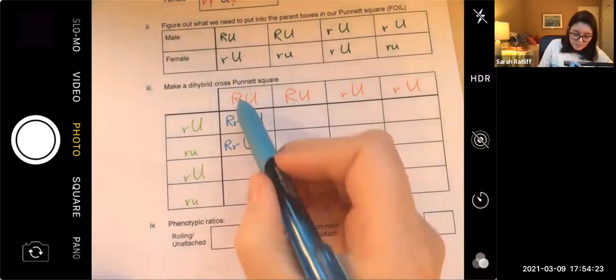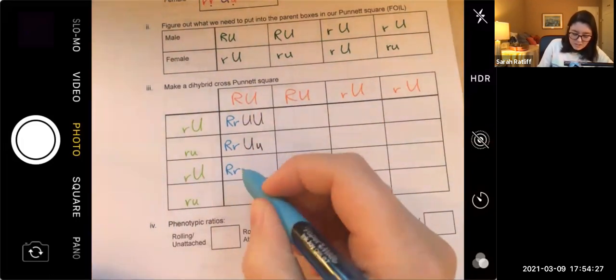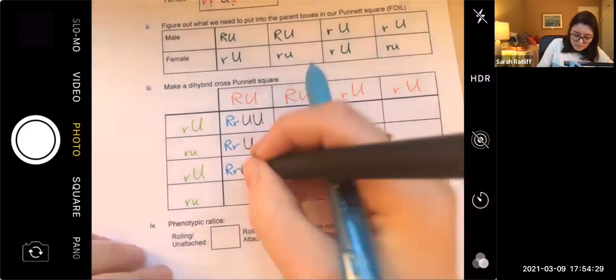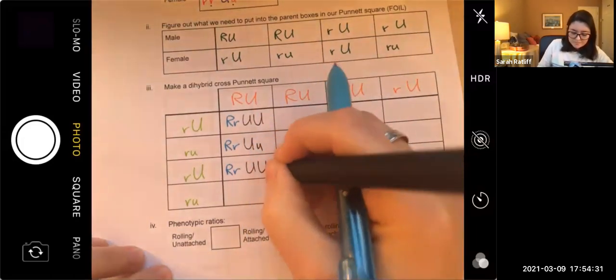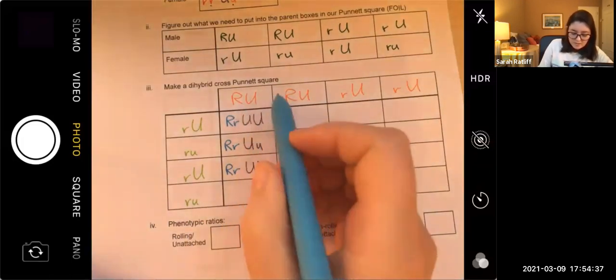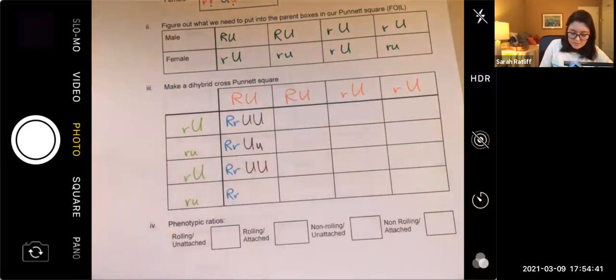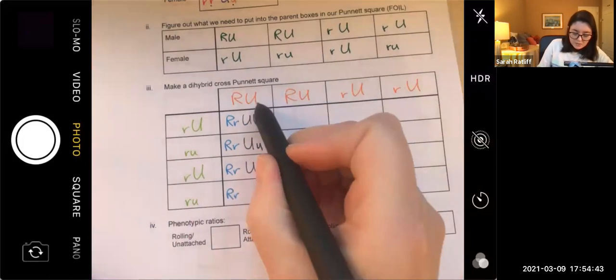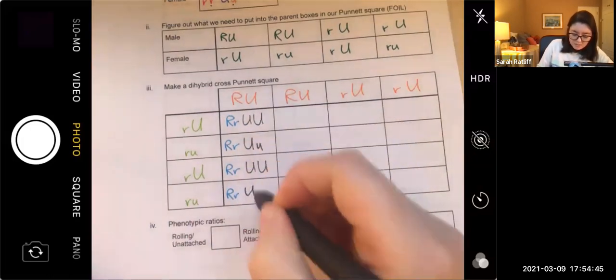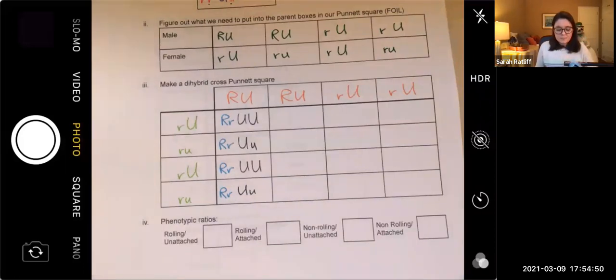Continuing down, another big R from dad, little r from mom, and two big U's, one from each parent here. And lastly, our little r U here and a big R U there. Big R from dad, little r from mom, big U from dad, little u from mom. Hey, we did our first column.